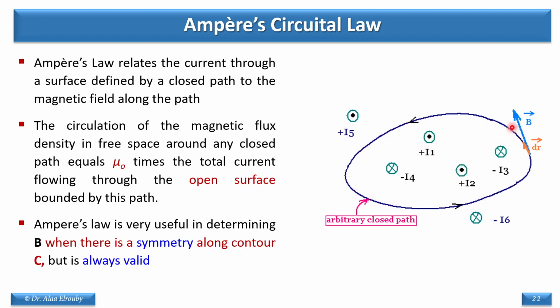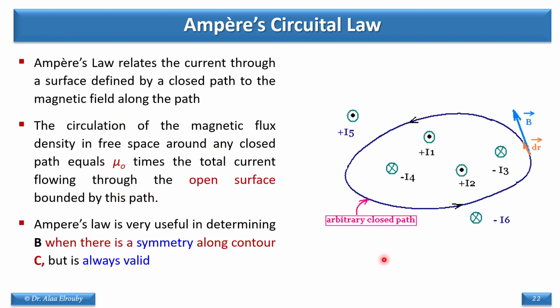outside of this surface. And here we need to remember one thing: the open surface does have two sides. Are we talking about the top side, which is pointing out of the screen, or the bottom side that's pointing into the screen? So which one is intended in Ampere's law?